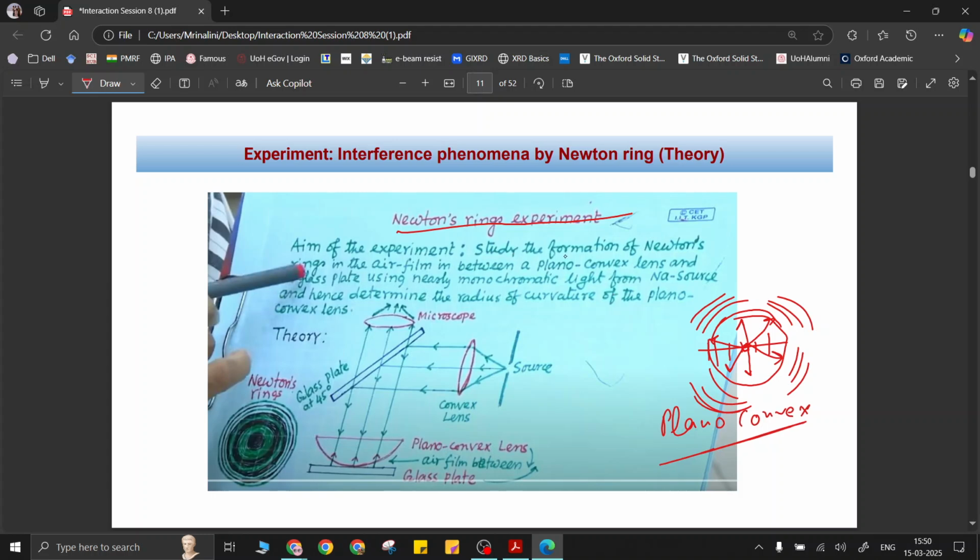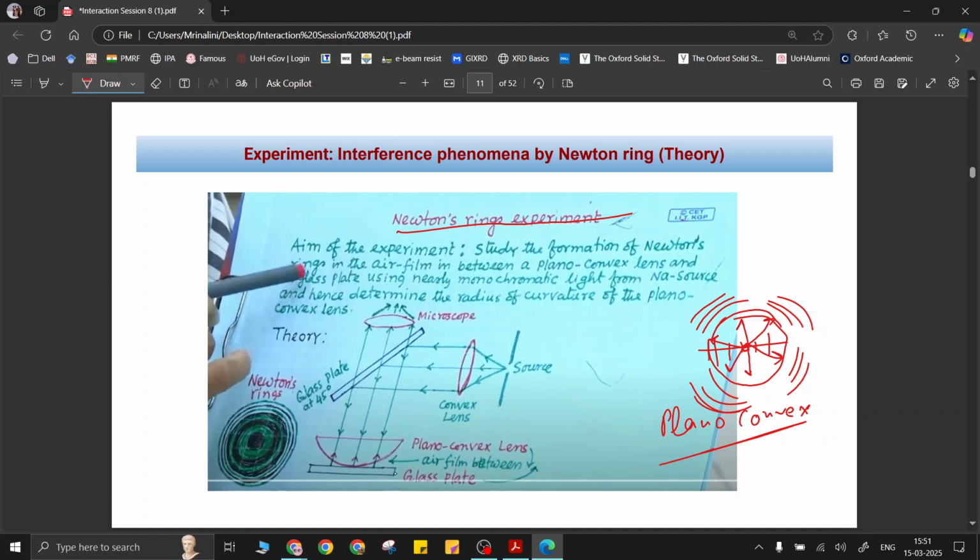Here we want to study the formation of Newton's rings in the air film. The setup is kept in air, and the medium that is important is in between. We are using a plano convex lens, a small part of a convex lens attached to a glass plate.